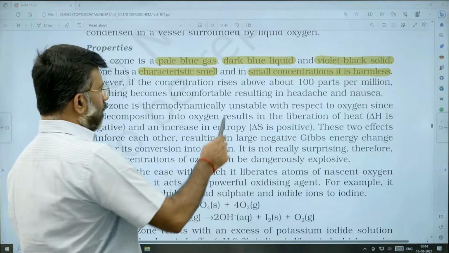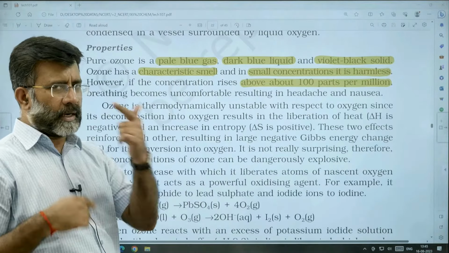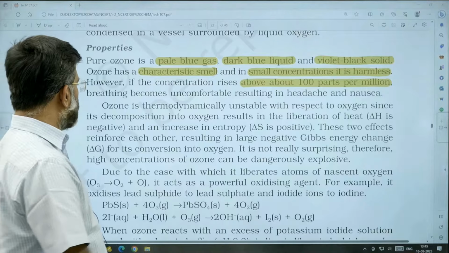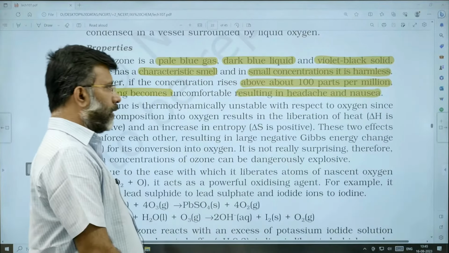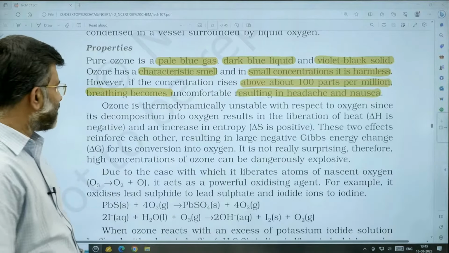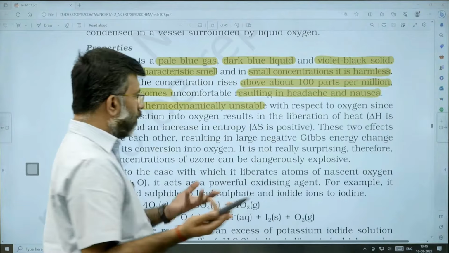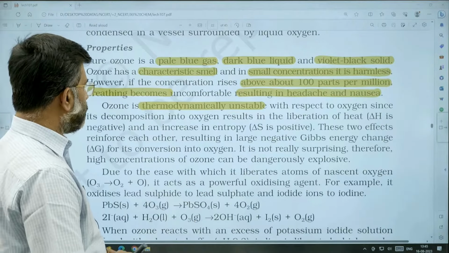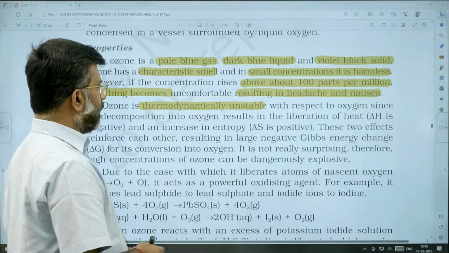But when the concentration increases to 100 ppm and above, it will be uncomfortable for breathing, resulting in headache and nausea. Right? Ozone is thermodynamically unstable. Already I told you, thermodynamically unstable with respect to oxygen, since its decomposition results in the liberation of heat.